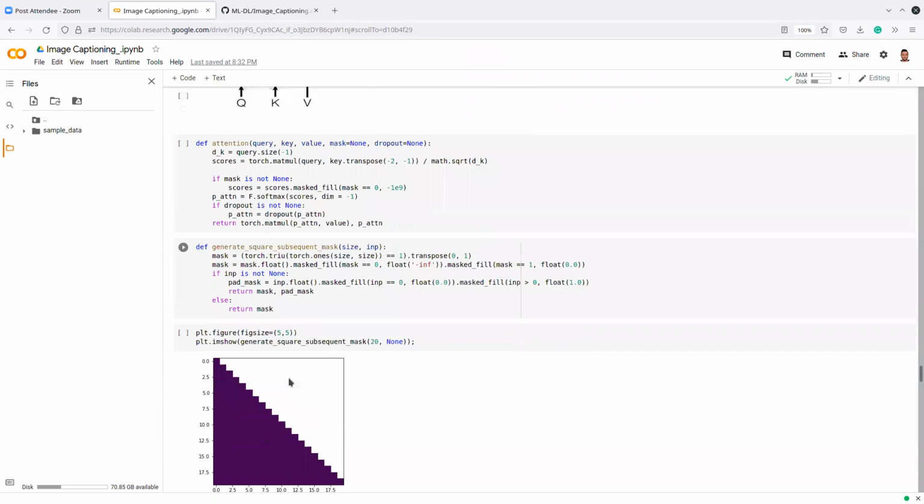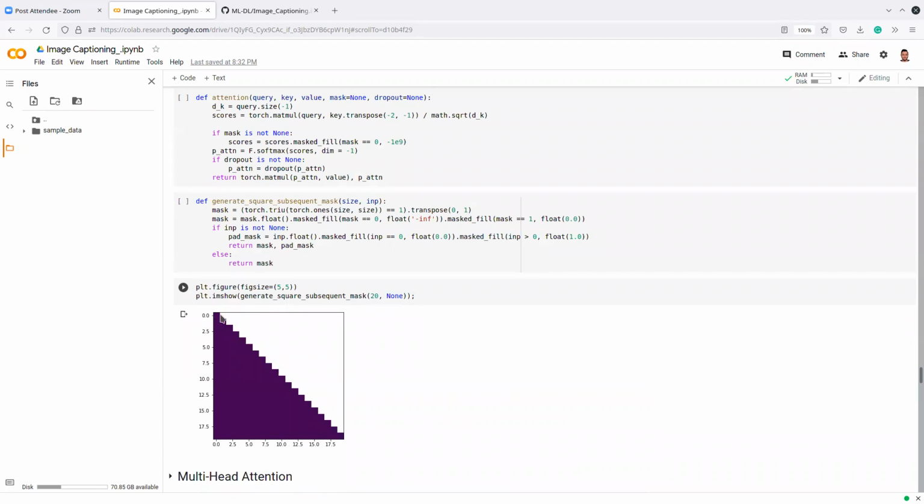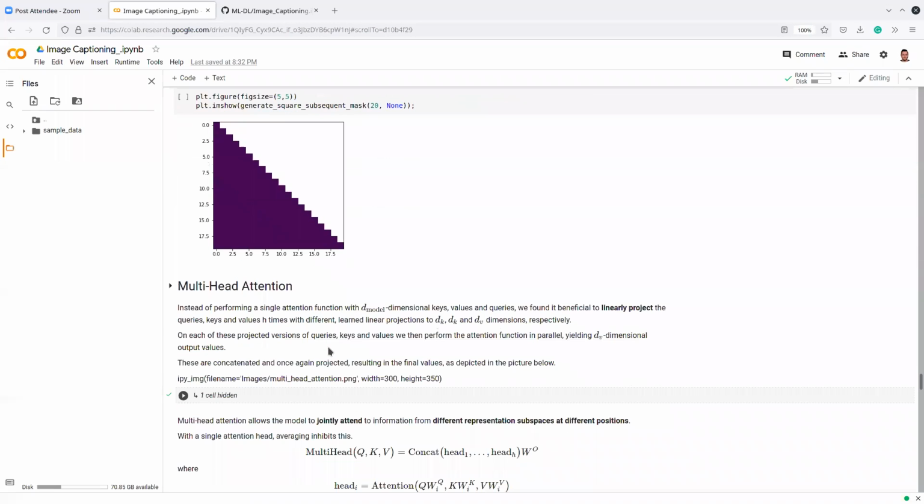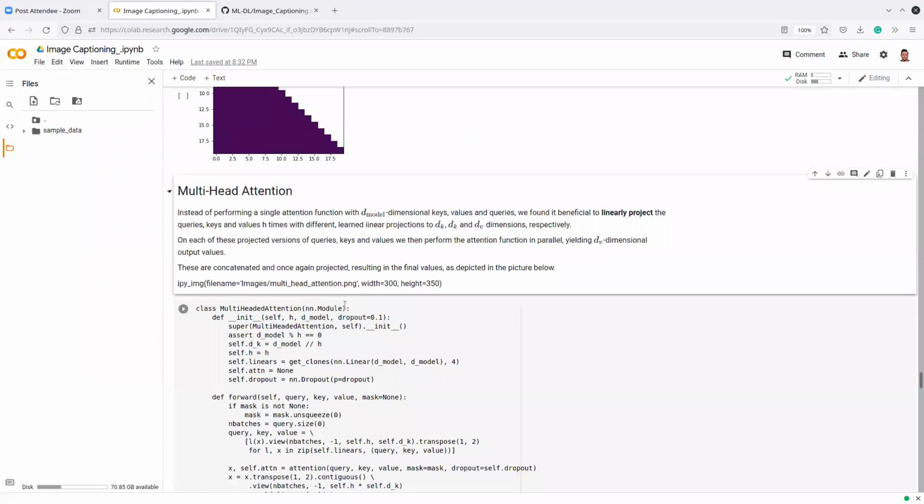For example, to generate the first word, we just look at the first part of the caption, and we ignore the rest of the information. For generating the second word, we look at the first and the second word. To generate the third word, we look at the first two, and this is how we prevent our model from taking a look at the future information.